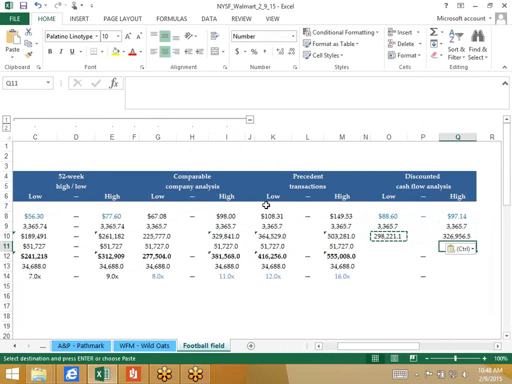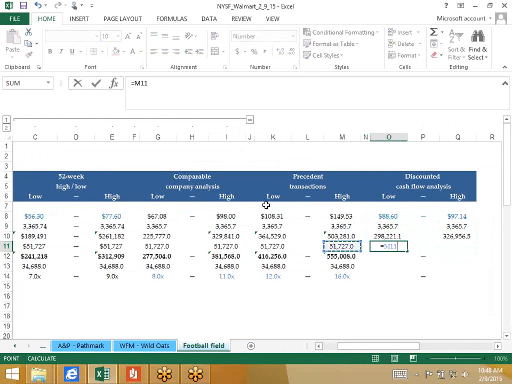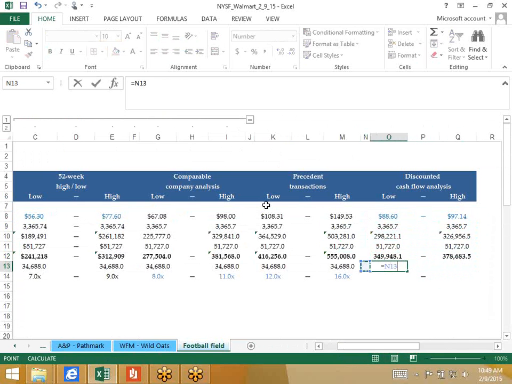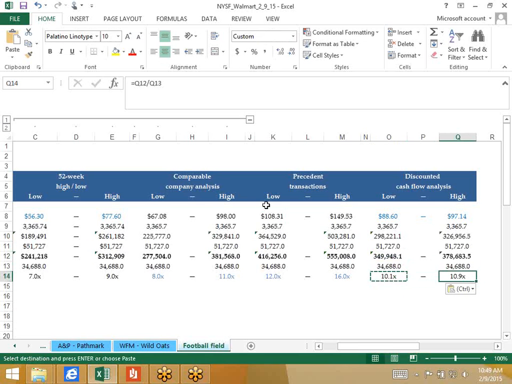I'm going to take the net debt. I'm going to add. And I'm going to take the EBITDA. I'm going to divide, which gives us a range of 10.1 to 10.9.